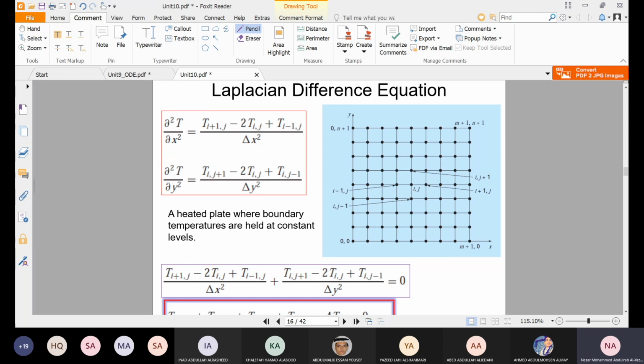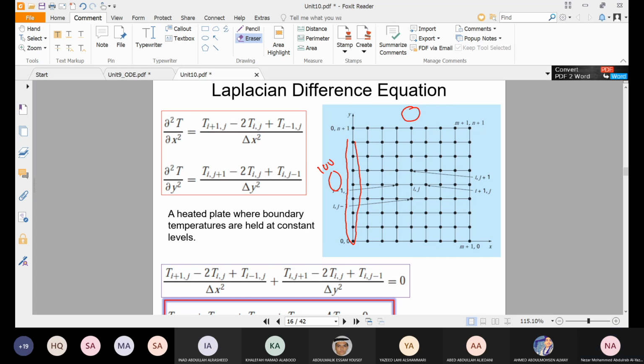Okay, so this is the heated plate on the right. This is the figure, and we distributed it using grids, and we have some constant temperature at the boundaries. The temperature here is given. If this temperature is, for example, 100, all these nodes at the boundaries should be 100, except the corner. The corner is not defined. We take this side from here to here as 100.